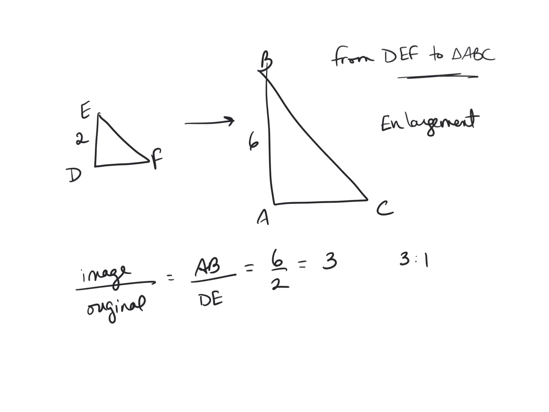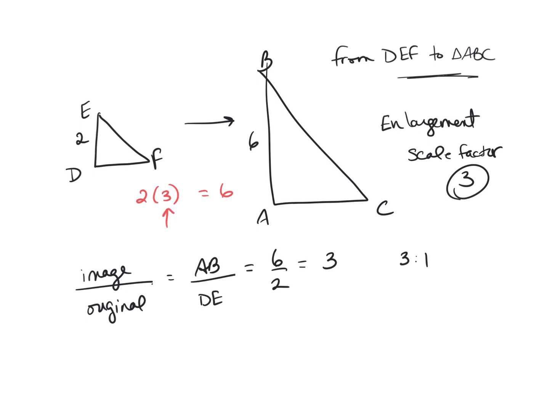And my scale factor is 3. It's a whole number. And I can verify that I divided correctly simply by saying, okay, if I take 2 times 3, I get 6.